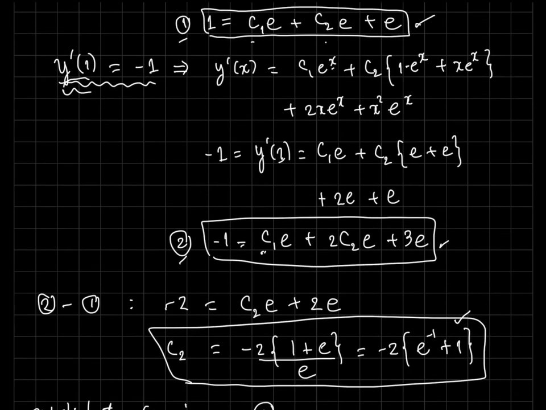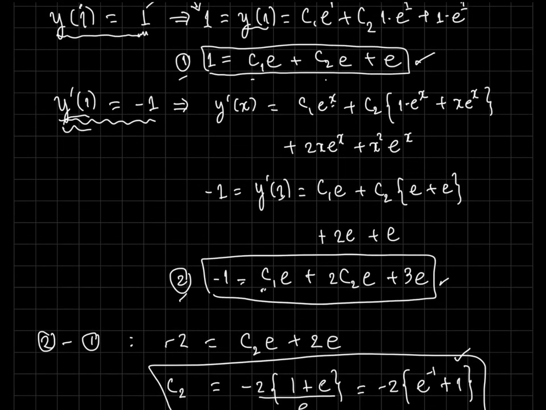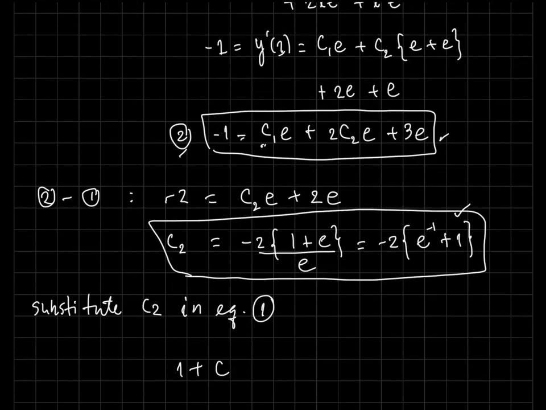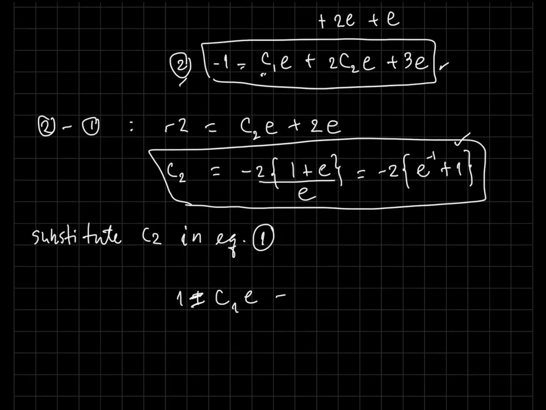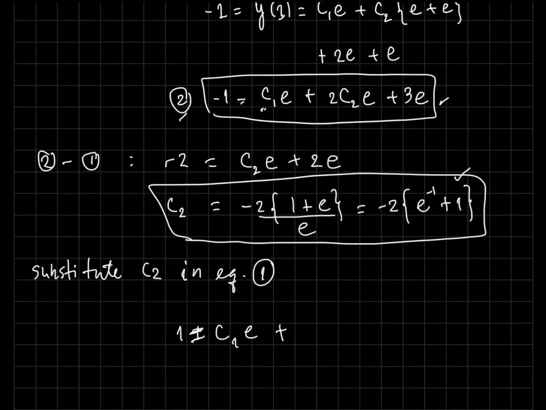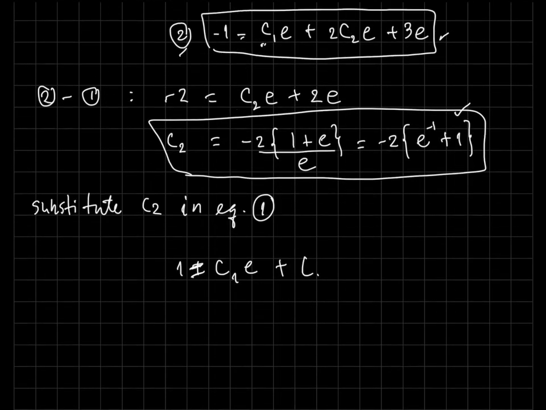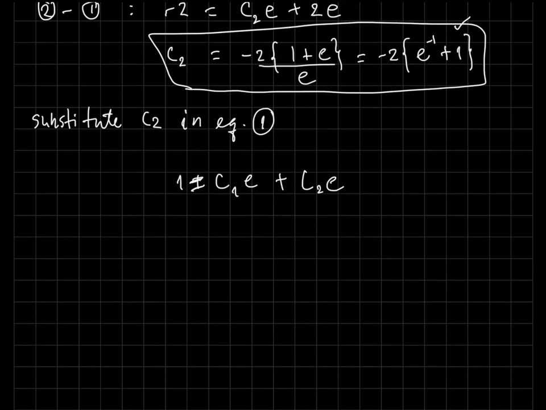So equation 1 now becomes 1 equals c sub 1 e plus c sub 2 e plus e.